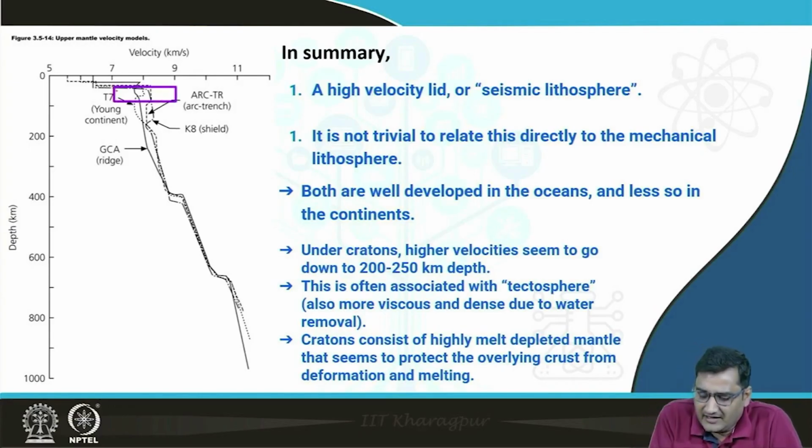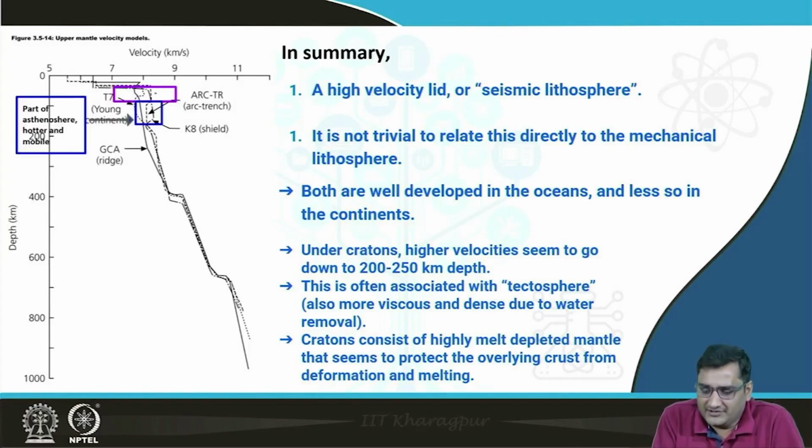So this is the high velocity zone, where the velocity increases rapidly in the lid or the seismic lithosphere, and underneath which there is the asthenosphere, which is hotter and mobile. This solid part of the lithosphere, also termed lid or seismic lithosphere, is floating over the asthenosphere.